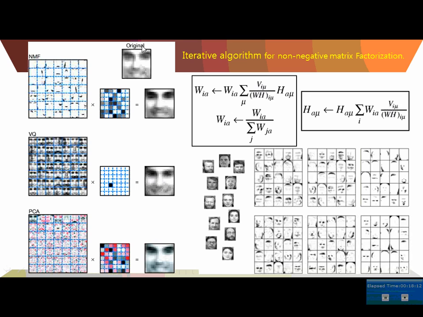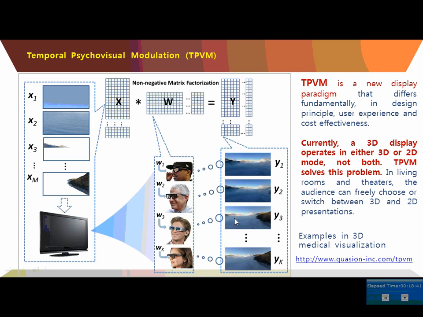When you multiply these two, the output still doesn't make a big difference compared with the others, which are more costly. This is the iterative non-negative matrix factorization algorithm. These kinds of techniques are used in face recognition and many others.